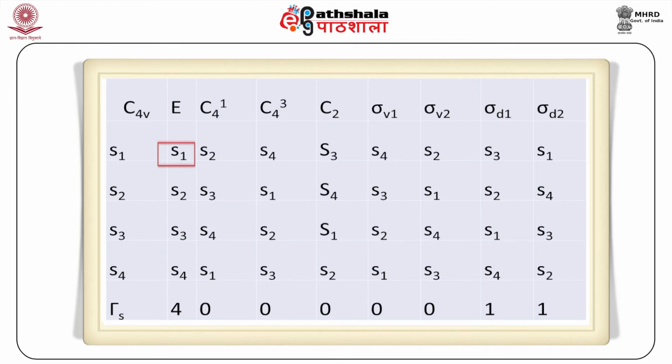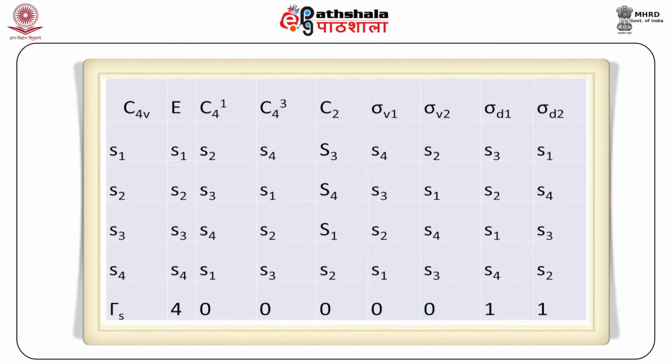That is, under E, S1 remains S1, under C41 it goes to S2, under C43 it goes to S4, under C2 it goes to S3, under sigma V1 it goes to S4, sigma V2 it goes to S2, sigma D1 it goes to S3, and sigma D2 it goes to S1.